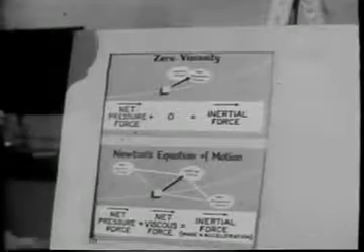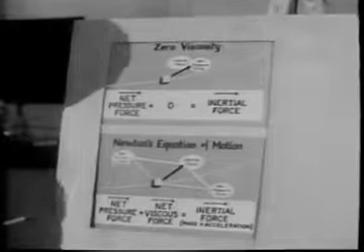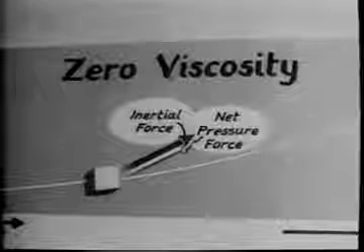Here is Newton's equation for fluids of very small viscosity, with the viscous forces neglected altogether. We have the balance between the pressure force and the inertial force. And in the vector diagram, the vectors for these two forces must coincide. This is for the case of fluids of very small viscosity. Now let's look at the other limit, fluids of very large viscosity.